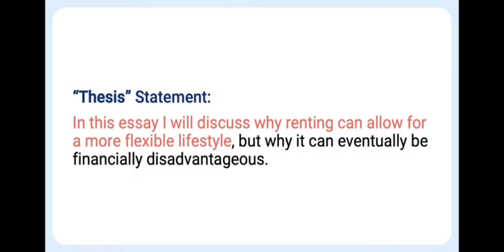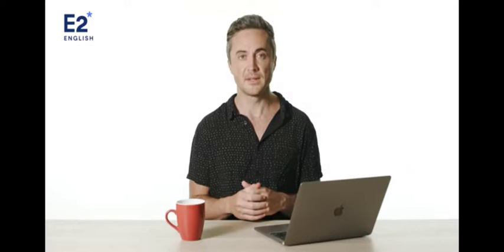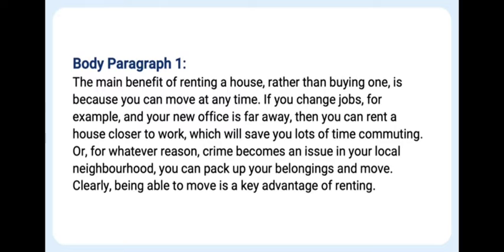By doing that, we're connecting our introduction to our body paragraph like this. So here's my first body paragraph. The main benefit of renting a house rather than buying one is because you can move at any time. If you change jobs, for example, and your new office is far away, then you can rent a house closer to work, which will save you lots of time commuting.